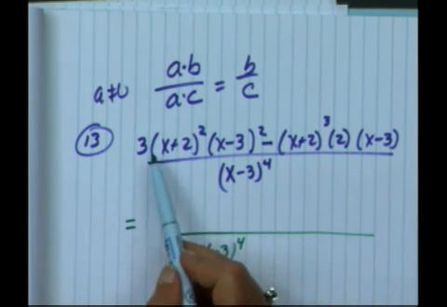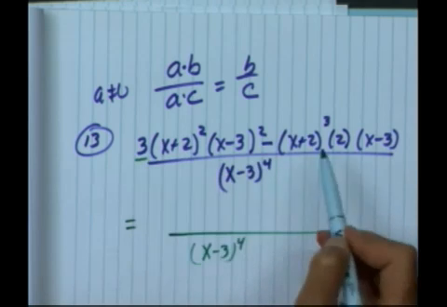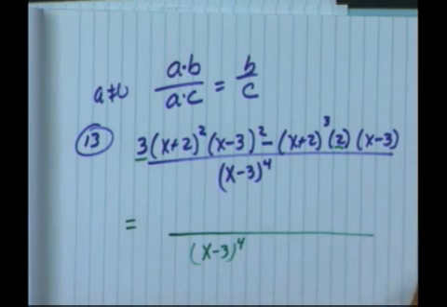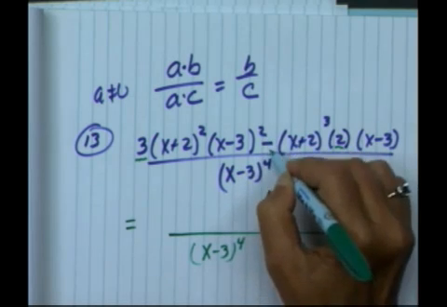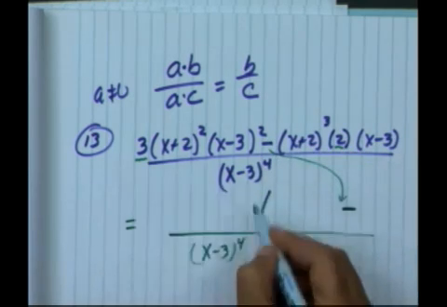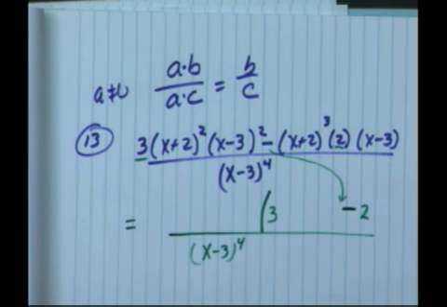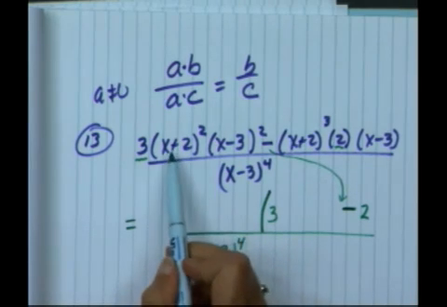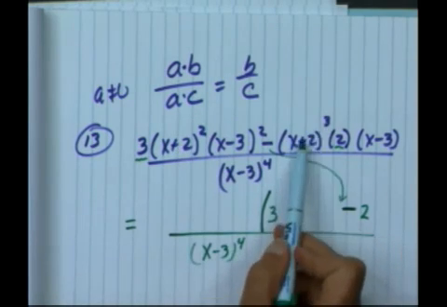In our numerator, we have the number 3 and the number 2, and there is no common factor there. So here's my big set of parentheses, and I'm going to bring down the minus. We have a 3 in the first term and a 2 in the second term. I have 2 factors of x plus 2 in the first term and 3 in the second term.